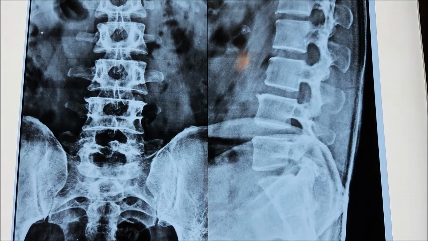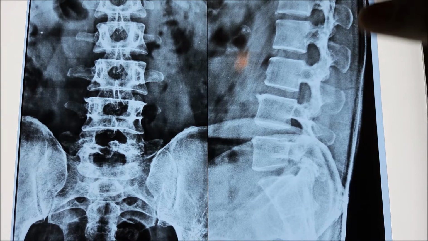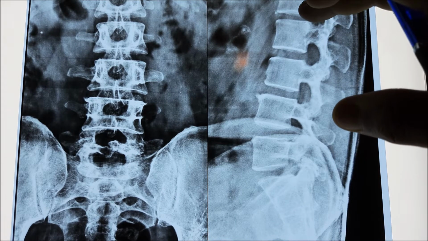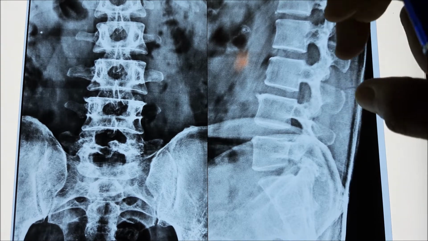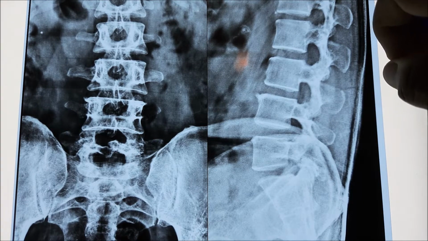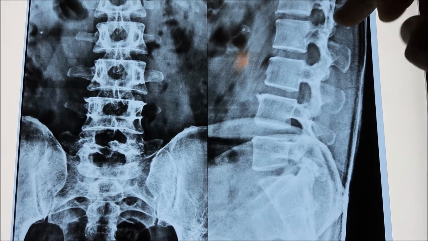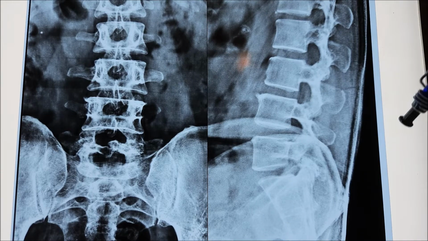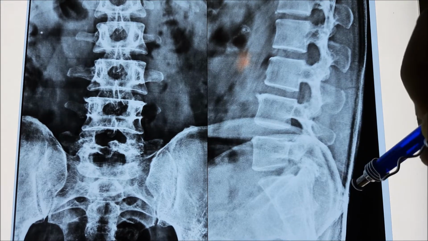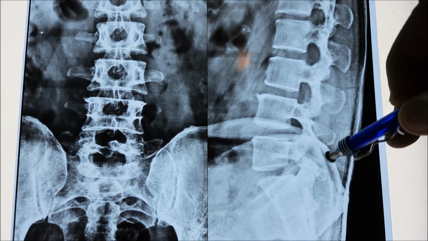Before I describe the X-ray, let me explain the patient's history. This patient used to work in a private company, and a few days before, he fell down from his cycle and had a trauma on the lower lumbar region.